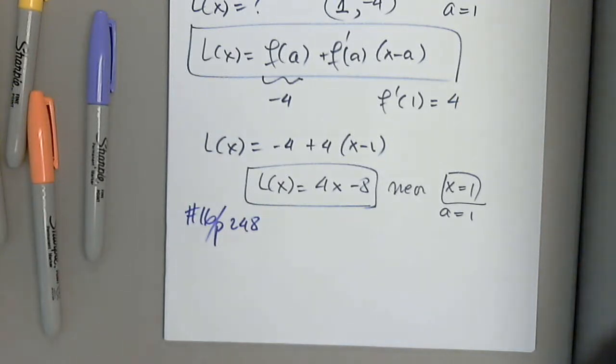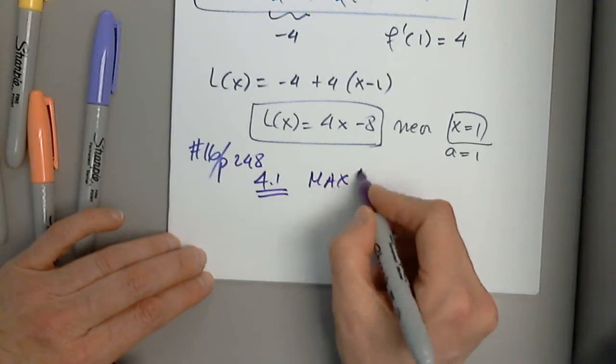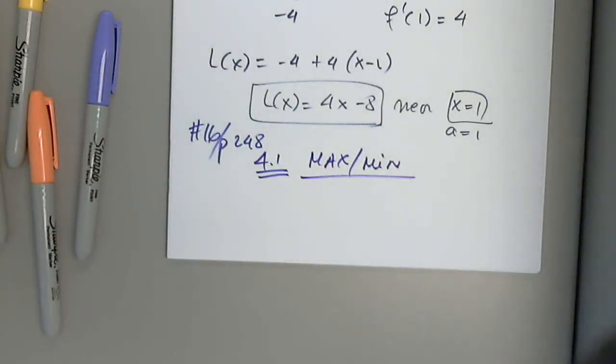Okay, so let's go back to 4.1, in which we are talking about max-min. And we said last time that if a function doesn't have a critical number, it will not have a max or min. If it has a critical number, there is no guarantee that there is a max or a min either.